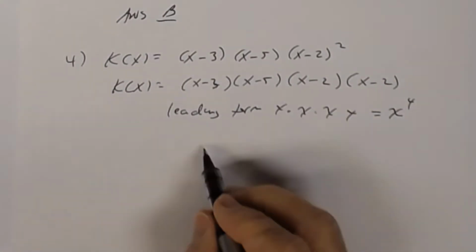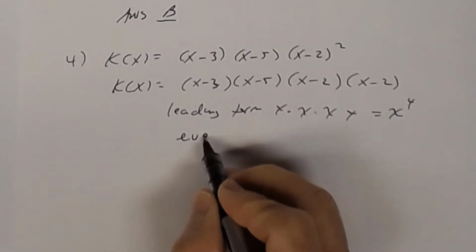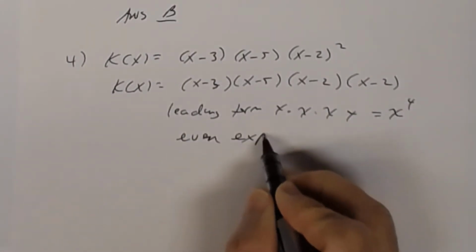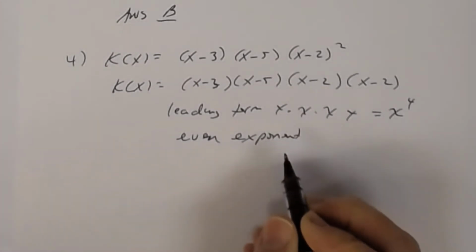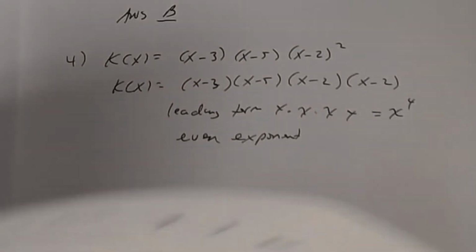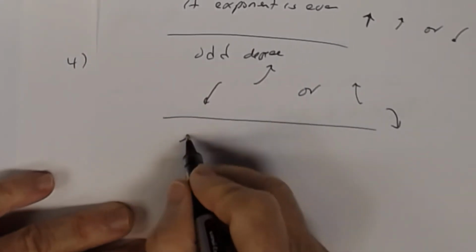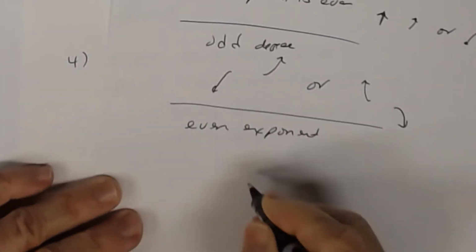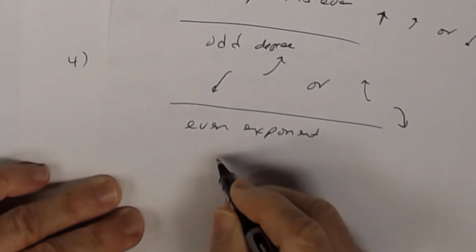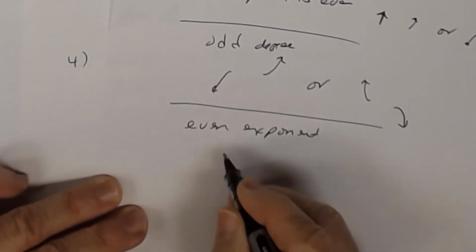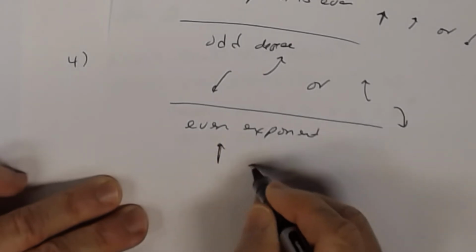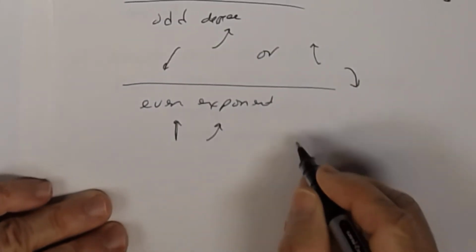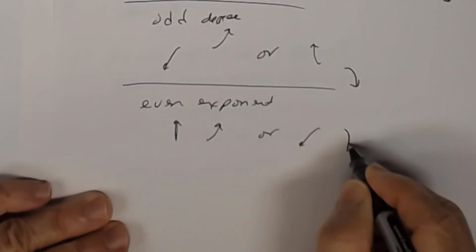So the exponent's even. So we have an even exponent. We know the arrows will be pointing in the same direction. The end behavior is in the same direction. So either it's pointing up in both directions, or it's pointing down.